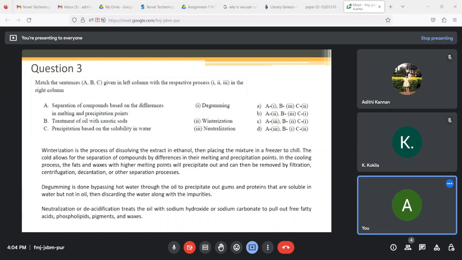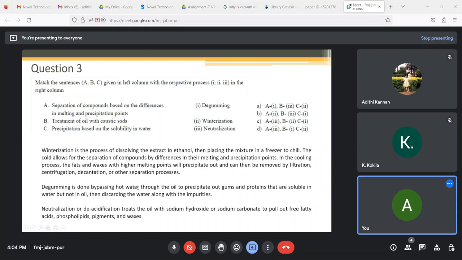When you pass water through those trays, the gums and proteins that were originally present in the oil will come to the oil-water interface. Once they come to the interface, you can remove the water, and while the water is being removed, all those gums and proteins will also be washed away. So now your oil will be free of those gums and proteins, or at least it will be reduced, so that in the next stage you can remove it even further.